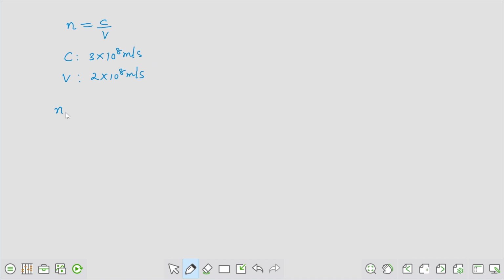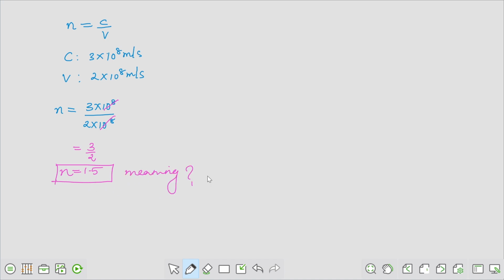Now I am finding the refractive index. So that is 3 into 10 power 8 divided by 2 into 10 power 8. So you can cancel out 10 power 8, 10 power 8. So you will get 3 by 2, that is 1.5. So refractive index of the medium is 1.5.